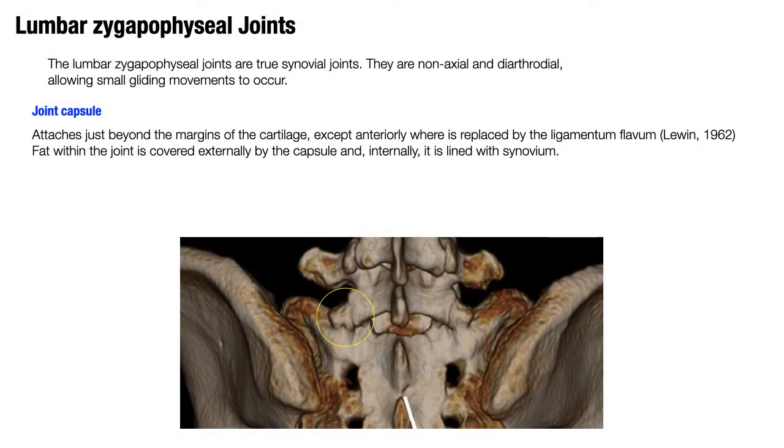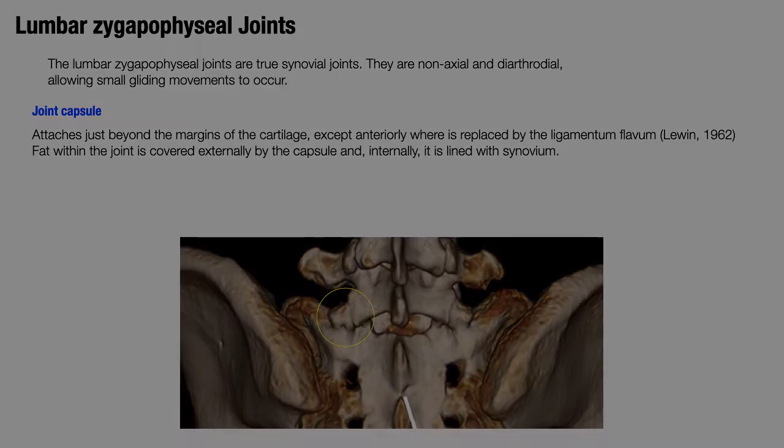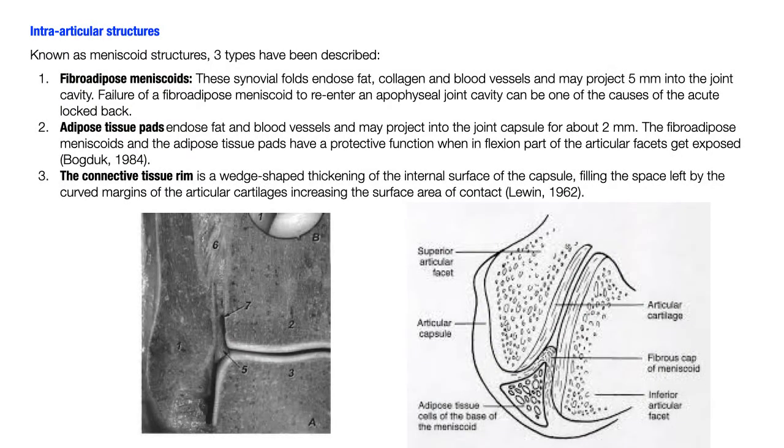These synovial joints will permit only small gliding movement. So functionally, they are arthrodial. All right, the zygapophyseal joints. At this level, we have three different intra-articular structures. First, we have the fibroadipose meniscoids, which are synovial folds that project 5 millimeters into the joint.